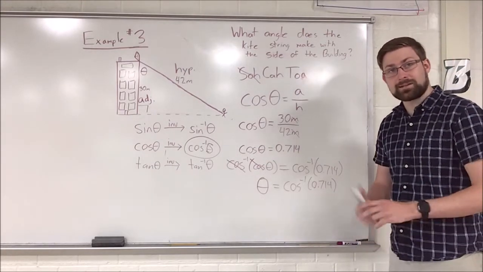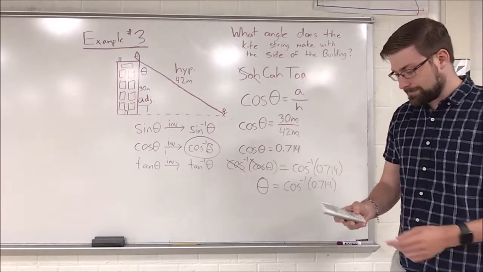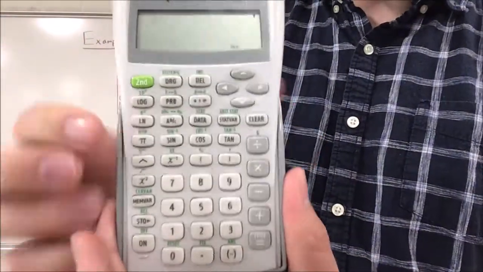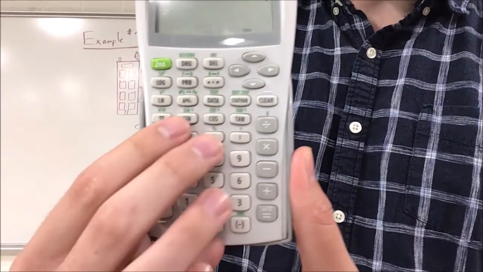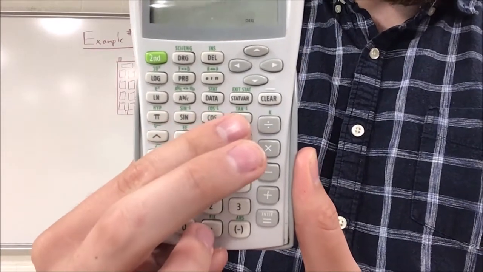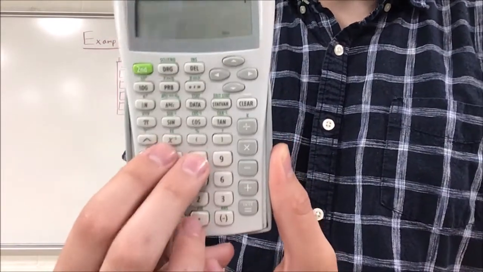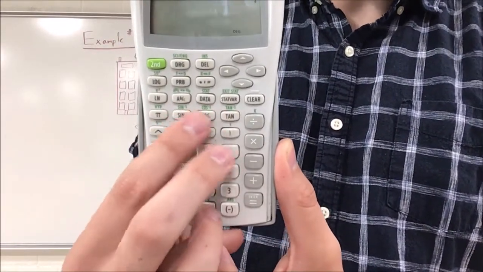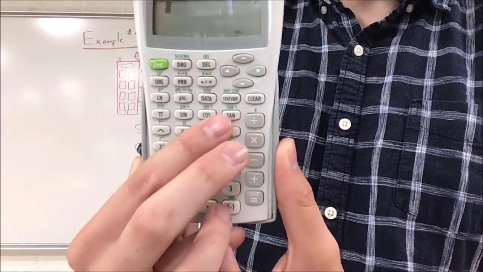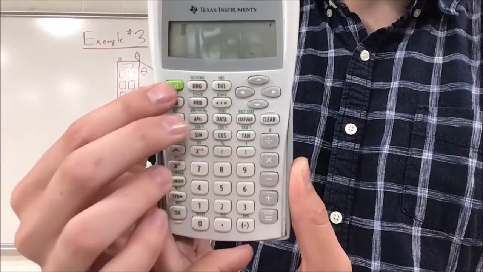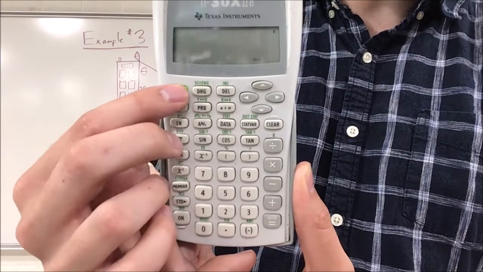We have to plug it into our calculator in order to get the number. You already saw on the calculator that the trig functions are right here. Well, the inverse trig functions are normally right above them. Your calculator might be different, but I guarantee they're going to be something similar. In order to plug in those green symbols, I have to hit this second button.